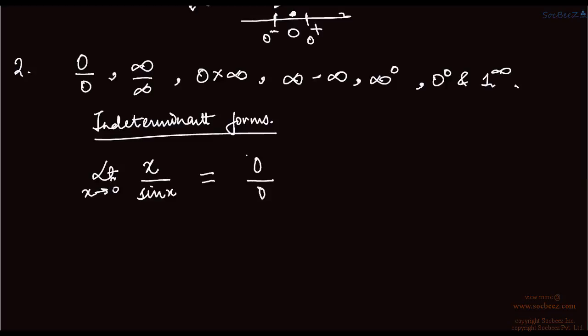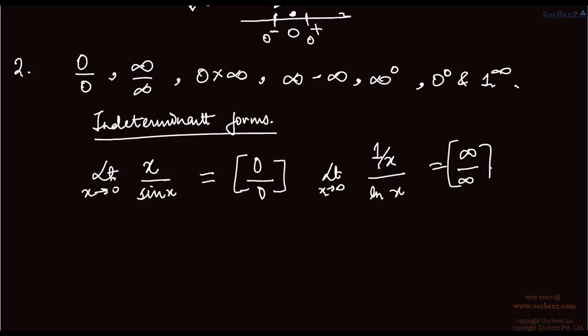So that's why this is a form of 0 by 0. Just like this, infinity by infinity can be like this, ln x upon something, where the limit gives infinity by infinity. So this is a form of indeterminate, one of the 7 indeterminate forms.